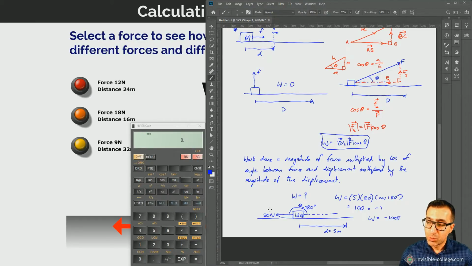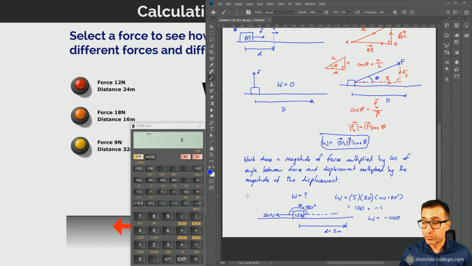Now, again, we could have thought about this by defining the direction from left to right, the displacement, as being positive, and therefore, in that context, a force acting to the left is negative. So this would be minus 20 newtons if we choose to define the direction left to right as being positive.